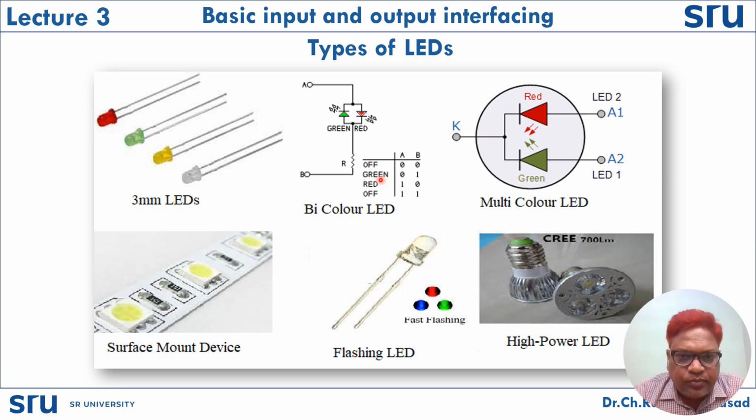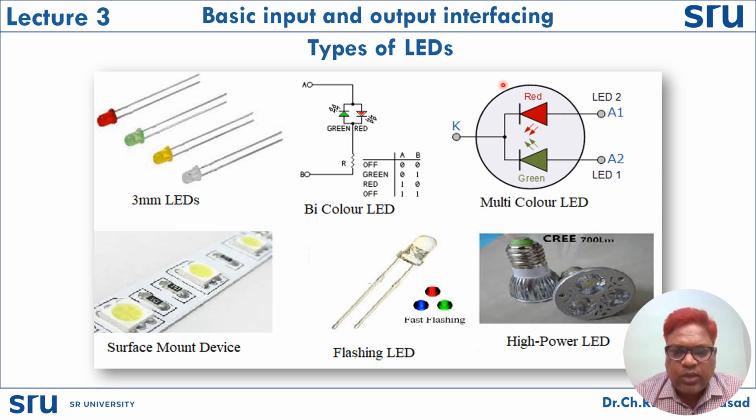But when you provide the 0, 1 combination, the green LED will be turned on, and with the 1, 0 combination, the red LED will be turned on. That means it is able to produce two different colors, a green LED and a red LED.